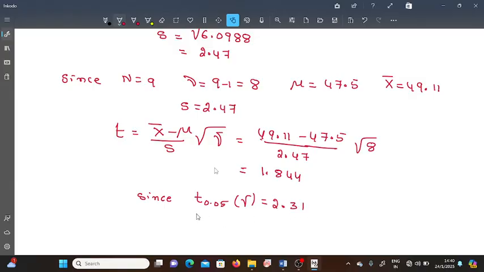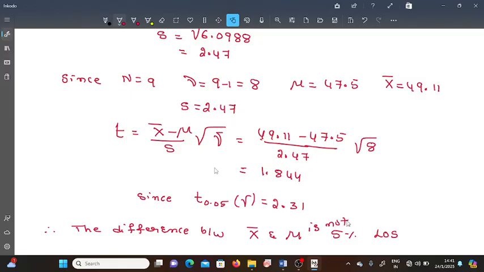Here clearly the t score is less than 2.31, therefore we can conclude that the difference between the sample mean x bar and the population mean mu is not significant at 5% level of significance.